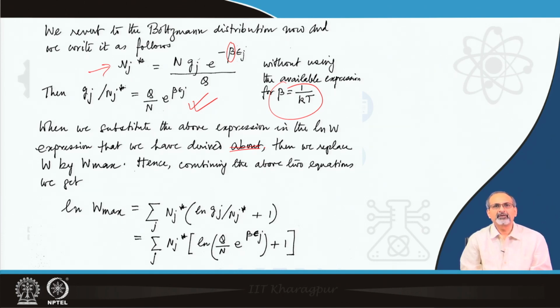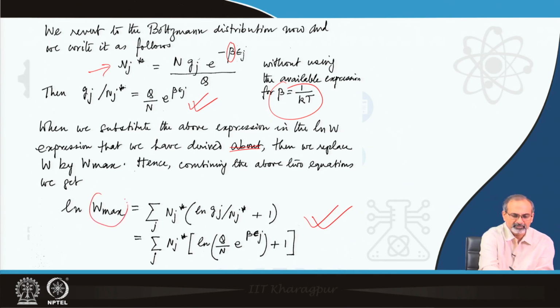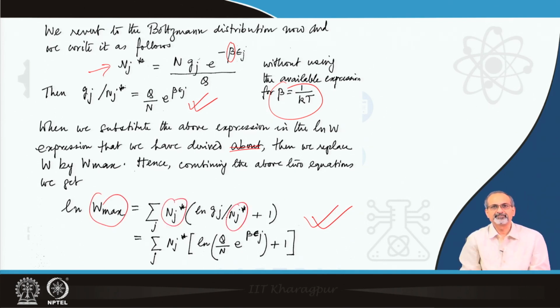Hence, combining the above two equations, we get an expression for log W max. Remember that the moment we write W max, the N_j's have to be represented with a star, and the G_j by N_j star ratio is written in terms of the partition function.